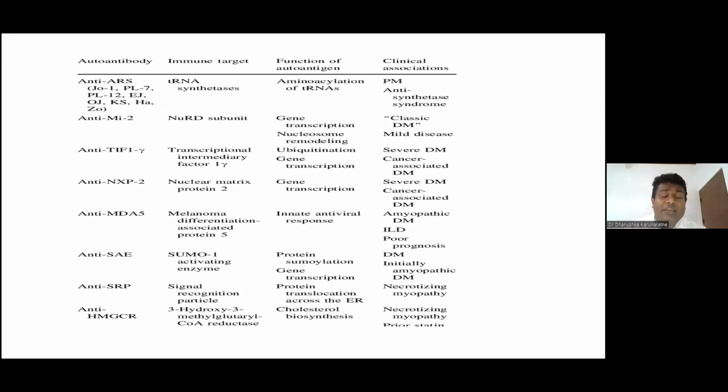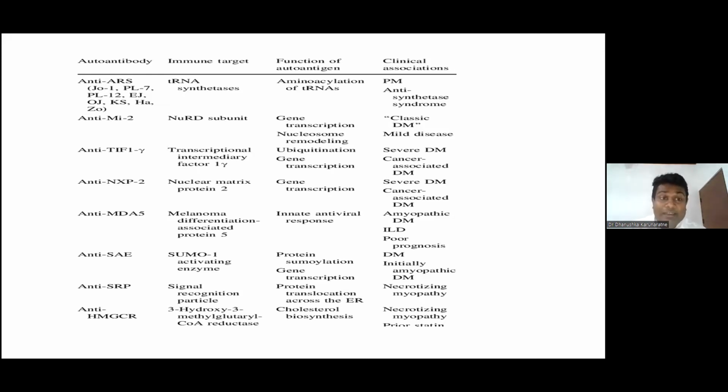There are 8 antibodies contributing to the anti-synthetase antibody syndrome, and Jo1 being the most widely known, well-known, and most common antibody. And then you have the anti-Mi2 antibody, which gives rise to the classic dermatomyositis picture.